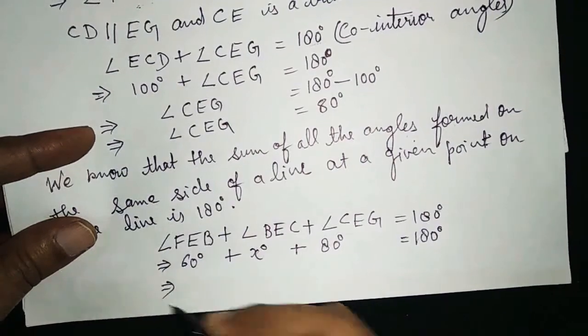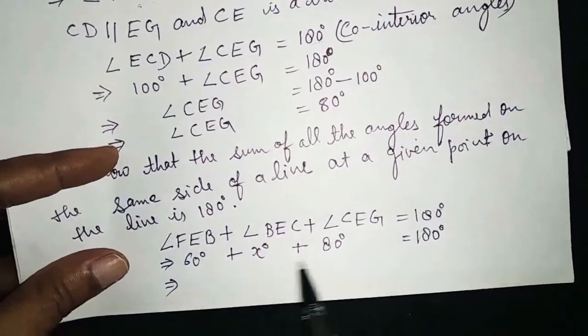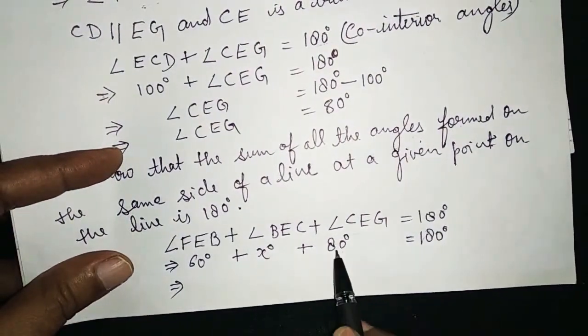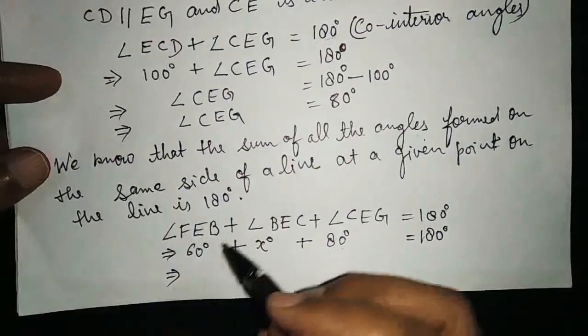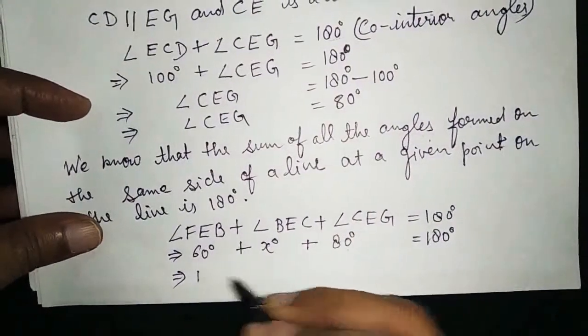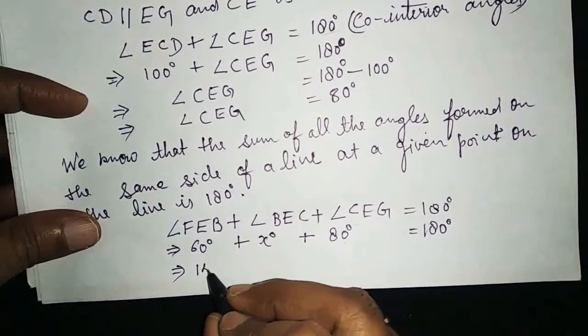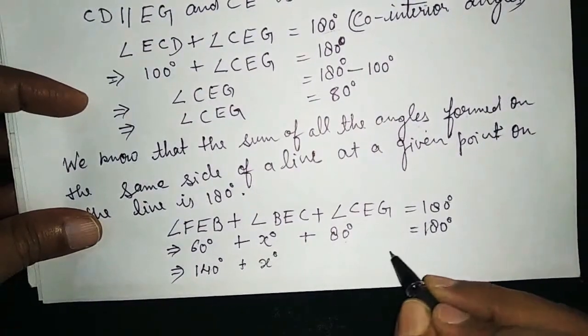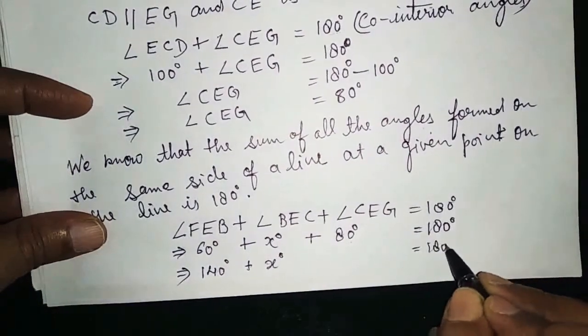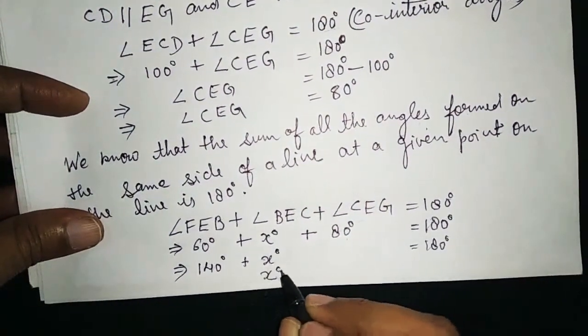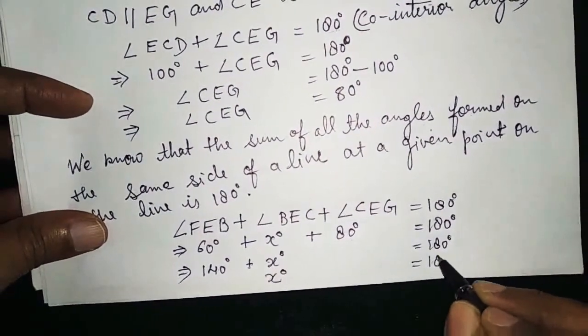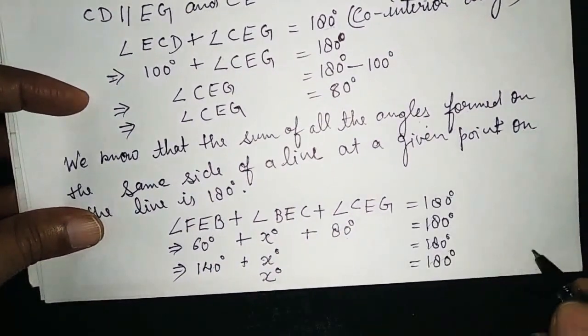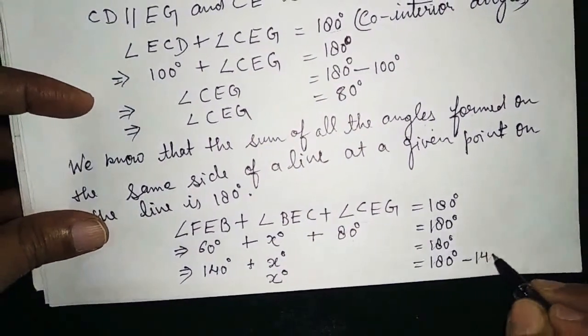Now here 60 and 80 degrees we will add. Here 140 degrees will come, plus x degrees equals 180 degrees. Now x degrees equals 180 degrees minus 140 degrees.